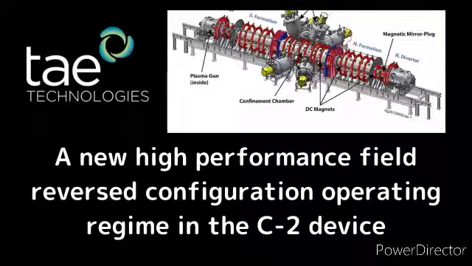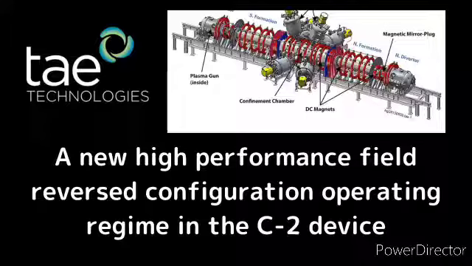Similar fast ion losses can occur for FRCs sustained with rotating dipole magnetic fields.